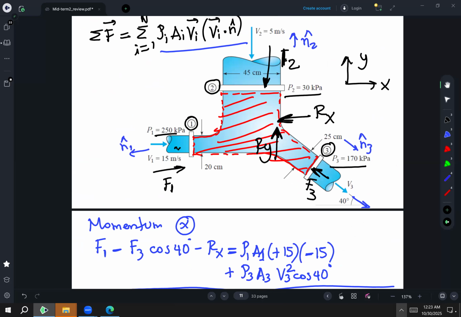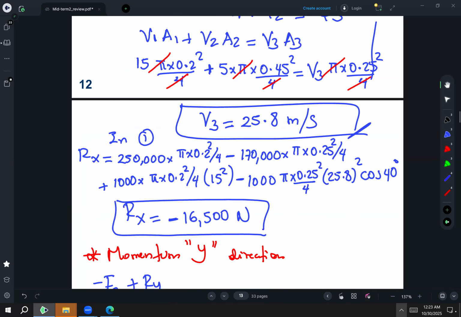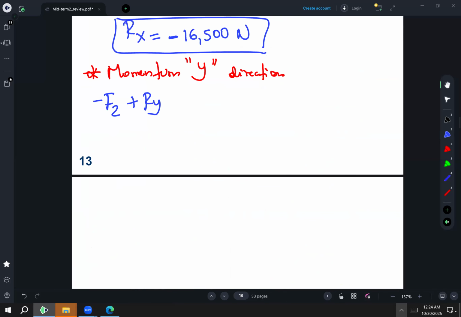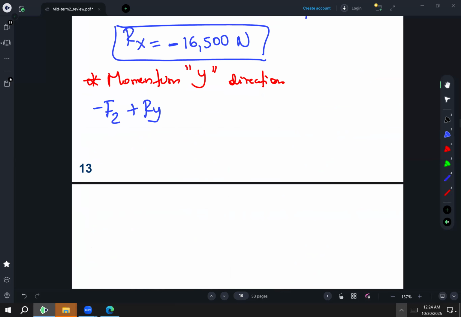So I have F3, and F3 has a component in the negative x direction and in the positive y direction. So that's going to be plus F3 sine of 40 degrees.